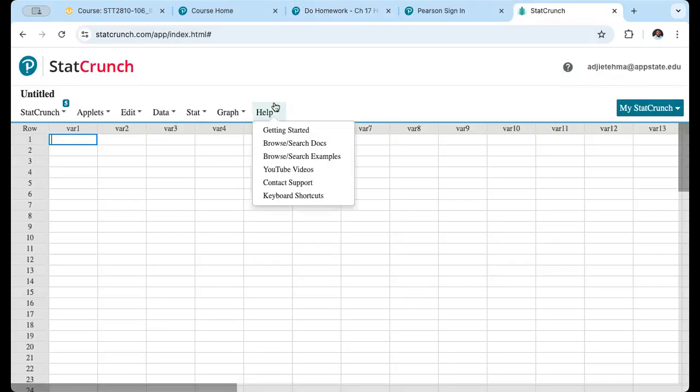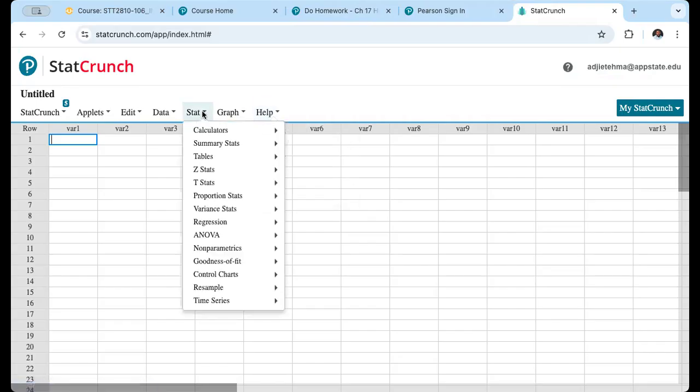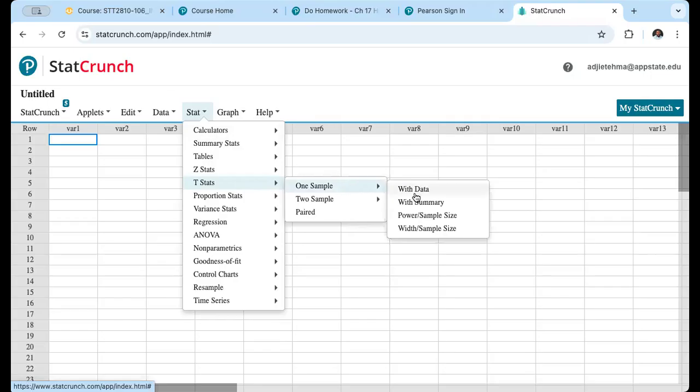Let's get to stats. So I'm going to teach you how to use the t, how to read the critical value. Is that okay? Let's get to stats, t stats, one sample with summary.